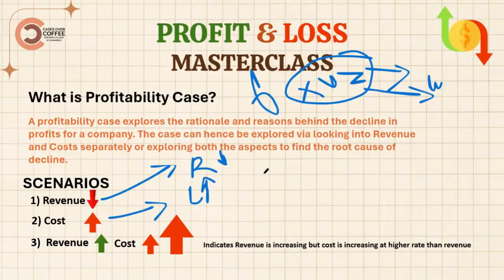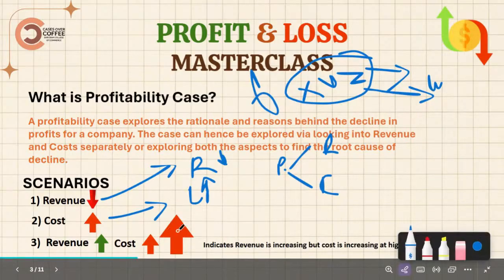So if you remember the MECE thing, what we do in this is, profit is broken into revenue and then cost. There can be a third scenario as well where the revenue and cost both have increased, but the cost of the company has increased to a greater extent.